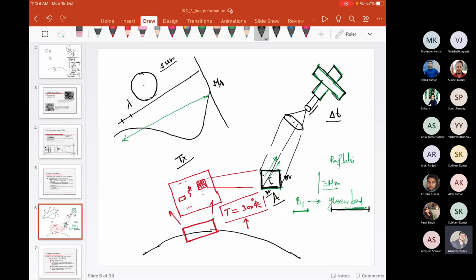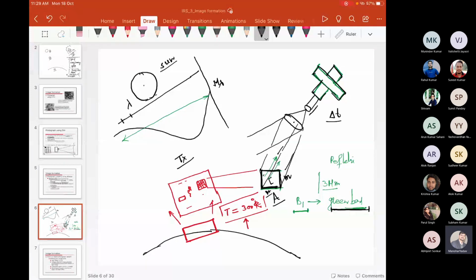When we talk about total upwelling radiance, it goes through the medium, and we have already discussed the effect of scattering while sensing upwelling radiance from the ground resolution cell. There is a possibility that, due to scattering in the green band within the atmosphere, some atmospheric scatter also falls in the FOV.